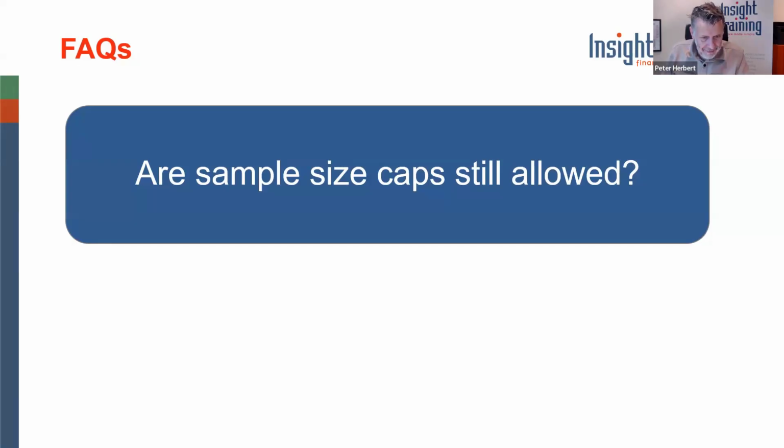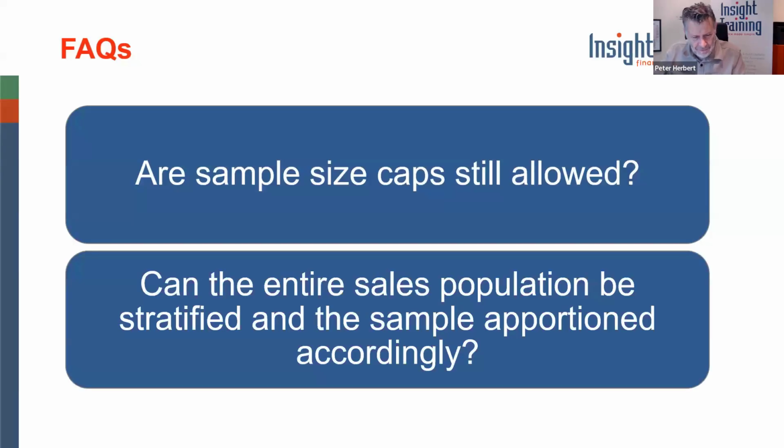And then the other one, can the entire sales population be stratified and the sample apportioned accordingly? Firms do that. I think you've got to be a bit careful, though, in the sense that where you've got different revenue streams that have got different features, that have perhaps got different risk profiles, developing a sample size across that entire population and then allocating samples to individual strata of that broader population based probably on their materiality, I think probably is flawed.